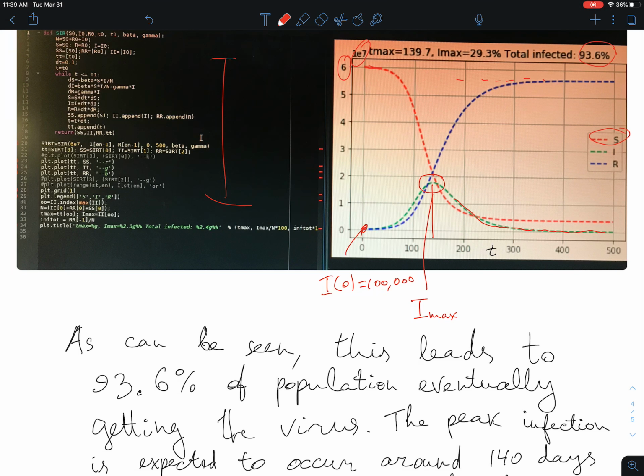But in any case, as you can see, almost all of the population gets infected with the disease. With these parameters that we estimated at the end of March, roughly 94% of the population was infected by the end of the infection.